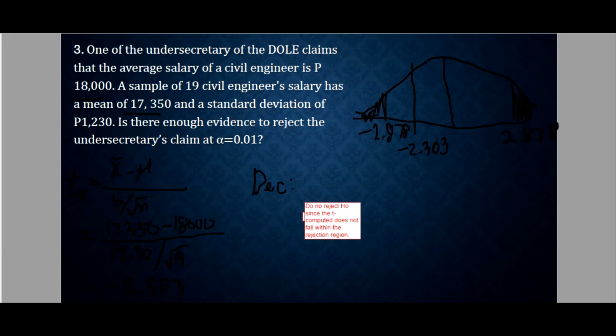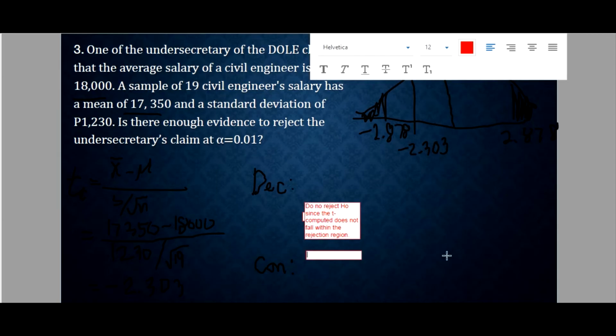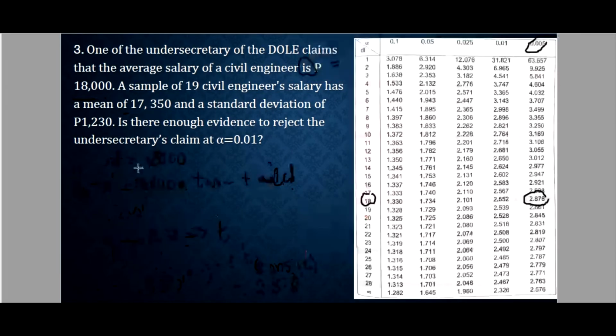Now, what is our conclusion? Let's look at this: do not reject, so it's equal to 18,000.